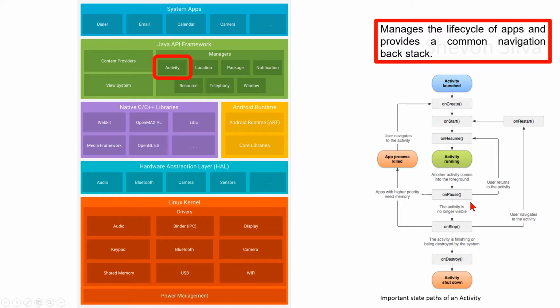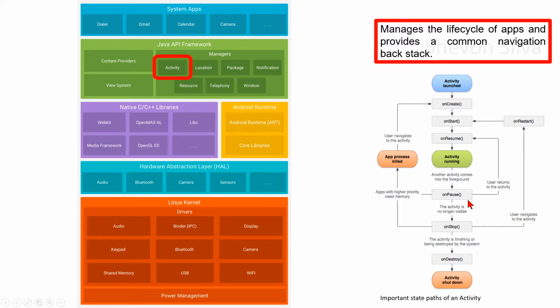The activity is still visible to the user, so it's recommended to keep it visually active and continue updating the UI. Implementation of this method must be very quick because the next activity will not be resumed until this method returns, followed by either onResume if the activity returns back to the front, or onStop if it becomes invisible to the user.